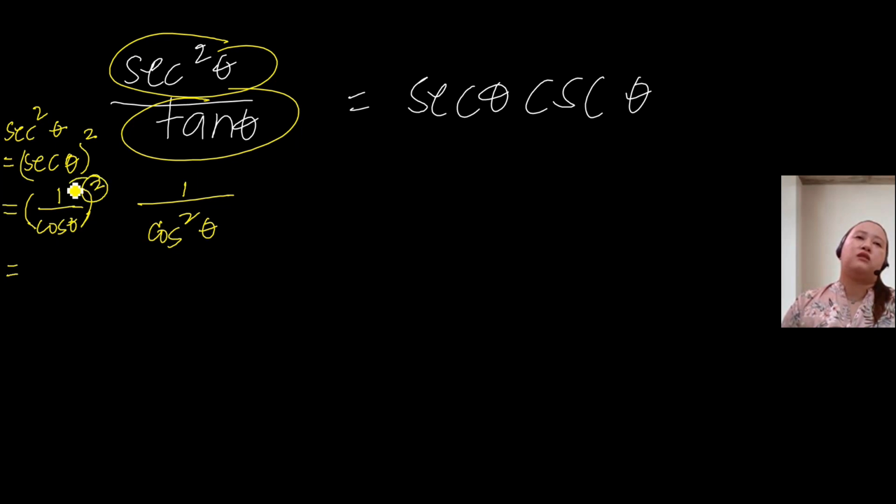The square can be distributed on the numerator and denominator. So we have 1 squared over cosine theta raised to 2. 1 squared is 1, and cosine theta raised to 2 is cosine squared theta. That's it.